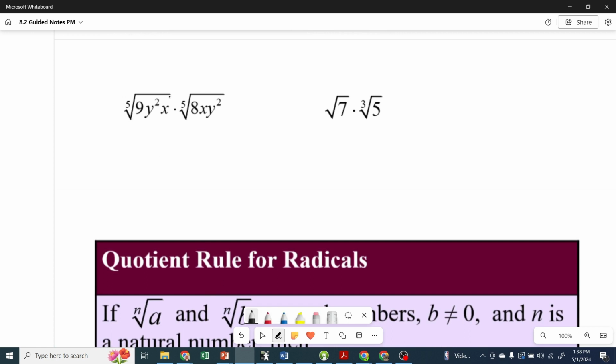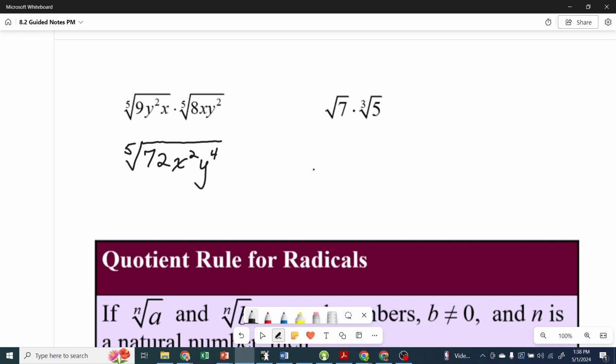Over here I have fifth root multiplying by fifth root, so my answer is going to be the fifth root of 9 times 8, which is 72. x times x is x squared. y squared times y squared is y to the fourth.